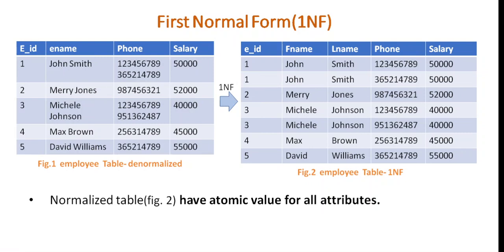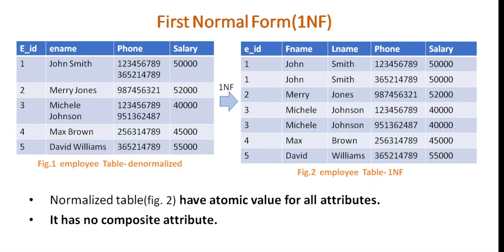So our first condition is met, that is all attributes have atomic values, single value per cell, and there is no composite attribute, because we have divided the e-name composite attribute into 2 attributes, first name and last name. Now we can say that this relation is in first normal form.